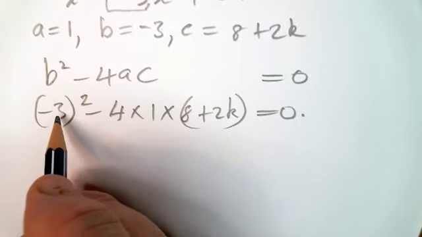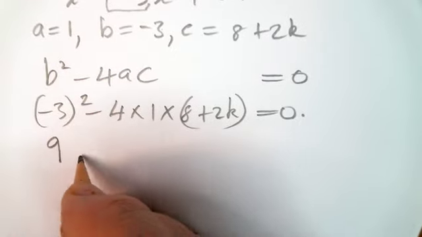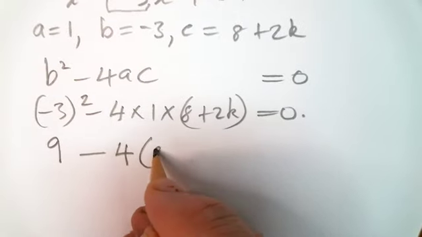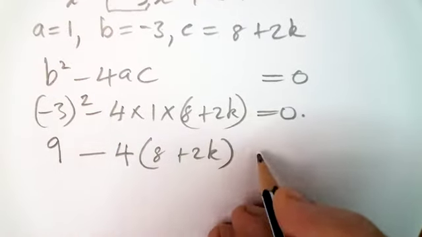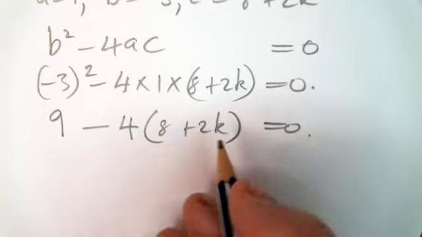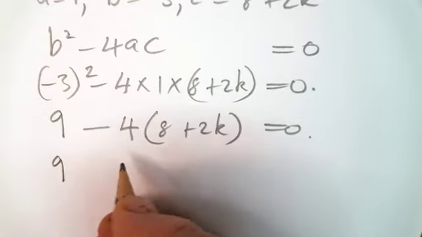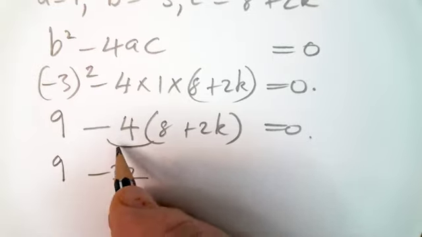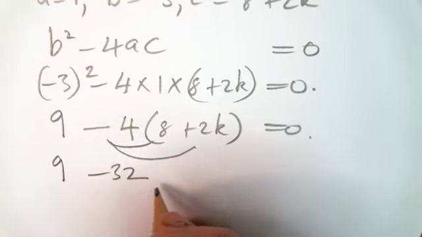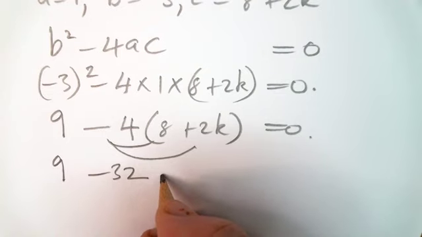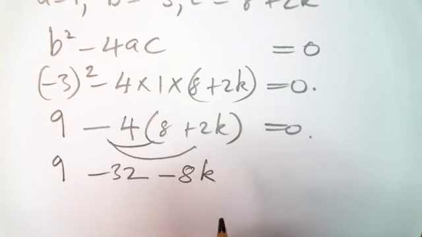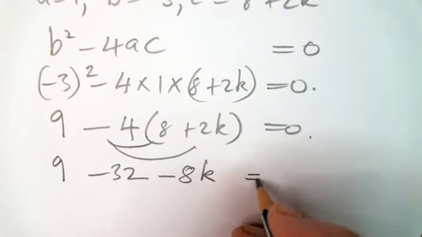So negative 3 squared is going to be 9, minus 4 times 1 is 4, times 8 plus 2k is equal to 0. Let's expand out the bracket. So I've got 9. Negative 4 times 8 is minus 32. Negative 4 times 2k is going to be minus 8k.